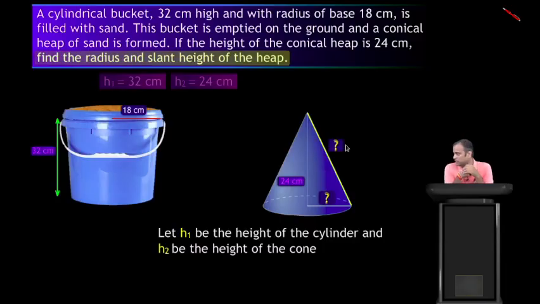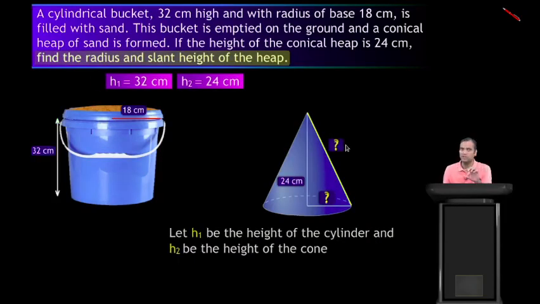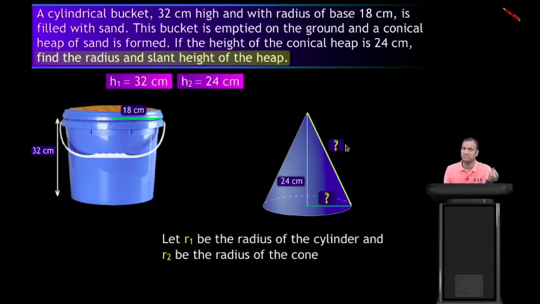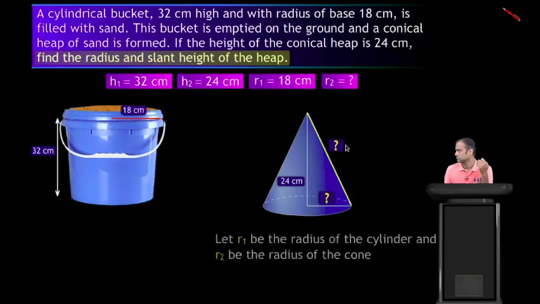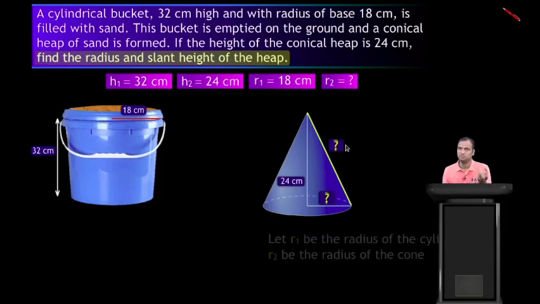Let h1 be the height of the cylinder and h2 be the height of the cone, and again h1 is 32 and h2 is 24. The radii are different, so let r1 be the radius of the cylinder and r2 be the radius of the cone. So we have r1 is 18 and r2 is unknown.